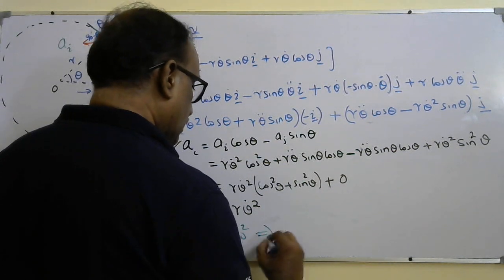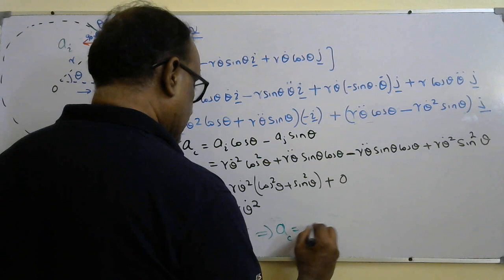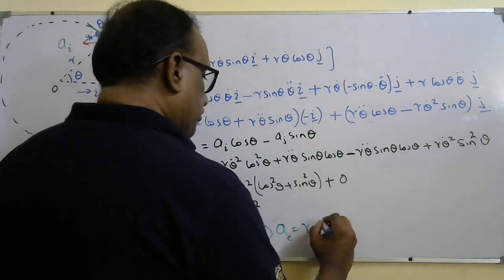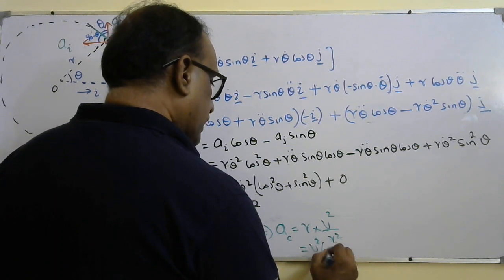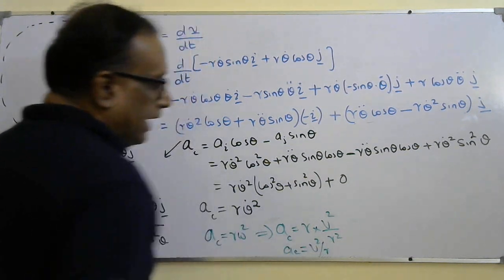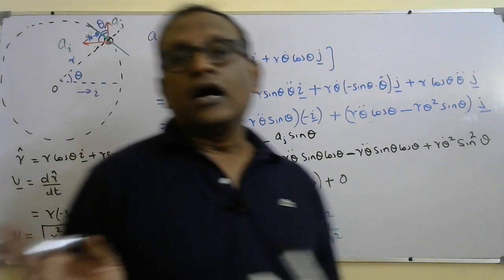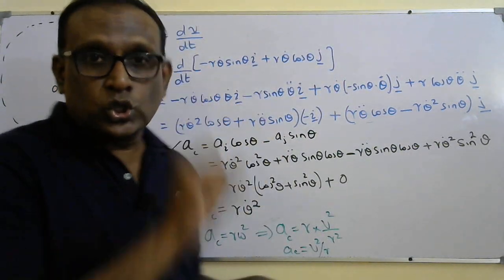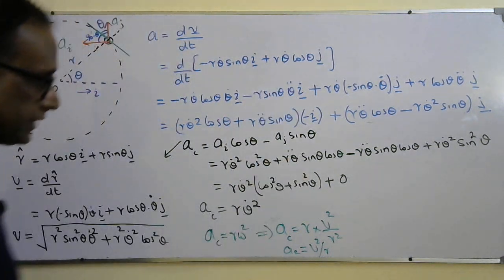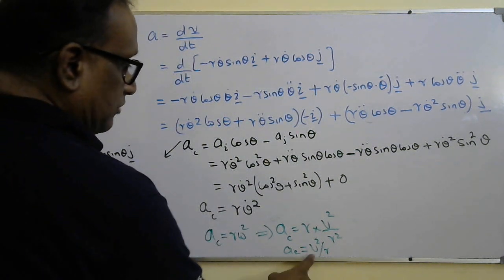If I substitute, the centripetal acceleration equals r times v squared over r squared, that is v squared over r. See, we are getting the same answer as what we derived in the method we normally use in physics, where we take two close-up points. But here, by using polar coordinates, we are getting the centripetal acceleration v squared over r.